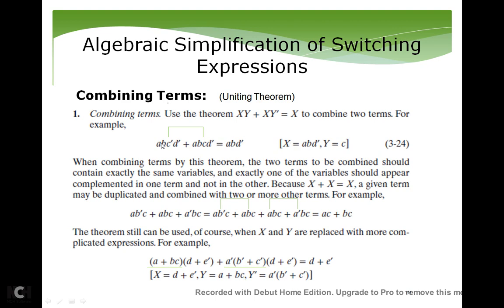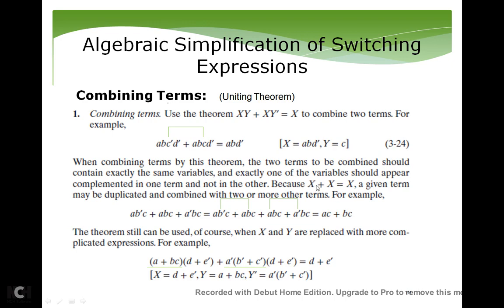So in this one, x is a, b, d prime, and y is c. We see something with c prime, something with c, in each case abd prime, so you can eliminate the cc prime and get abd prime.